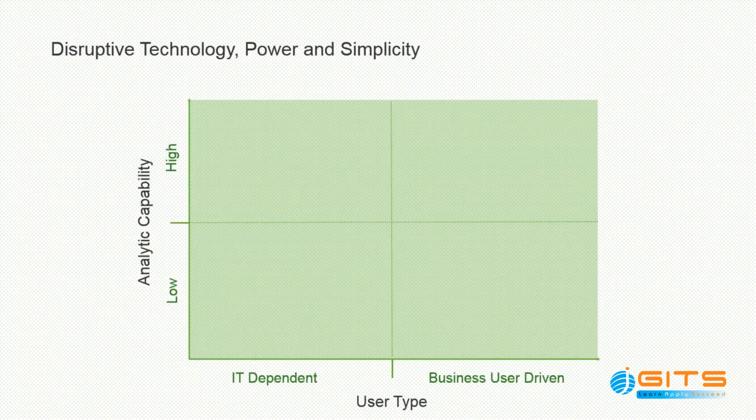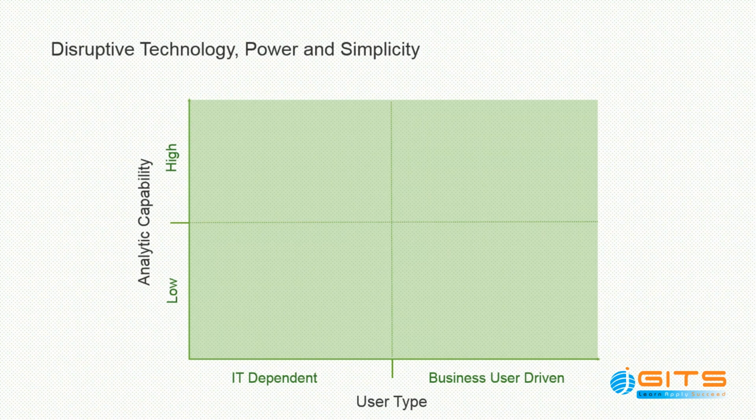And the reason being is that it has proved to be a disruptive technology. It has been able to deliver a powerful way of looking at the data, and all of this in a very simple manner.